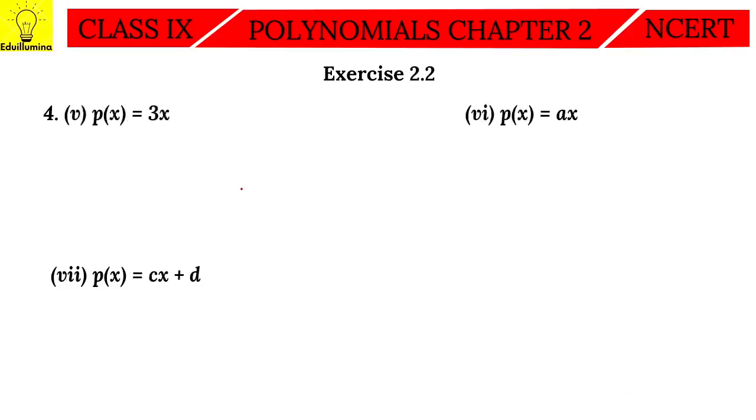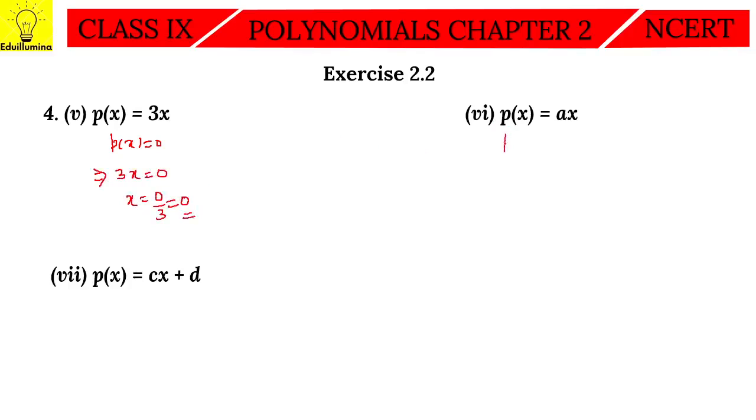And the next one is p of x equal to 3x. So in order to find out 0 of the polynomial, simply put p of x equal to 0, which implies 3x equal to 0. So from here x equal to 0 upon 3, which is equal to 0. So x equal to 0 is the 0 of the polynomial.